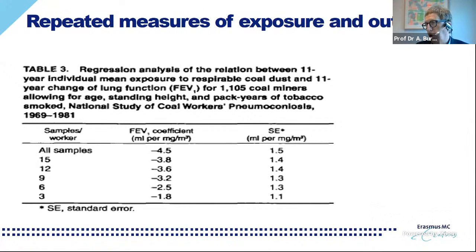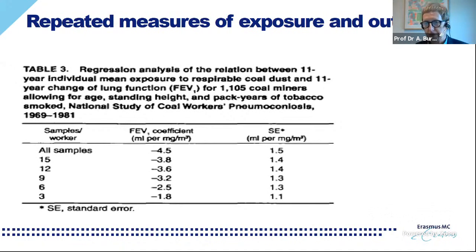And for each coal miner, they had a certain number of measurements. For some, they had only one, but that was just few. For most of them, they had 3, 6, or 9 samples over an 11-year period. And actually, the average number of samples per worker was, I think, close to 20. Because it was in the directive, thou should measure dust.